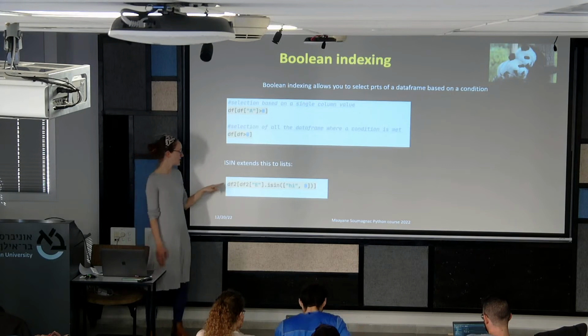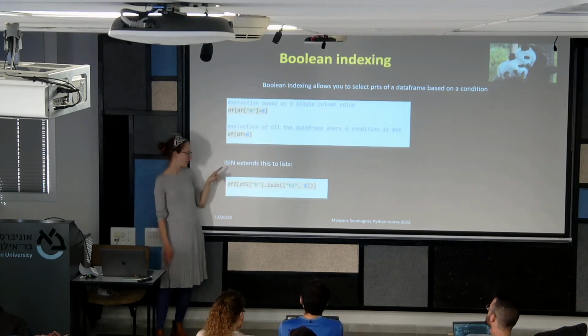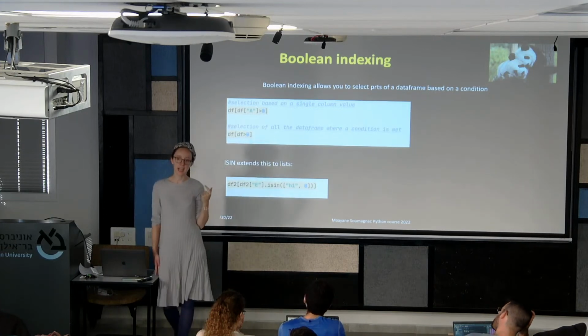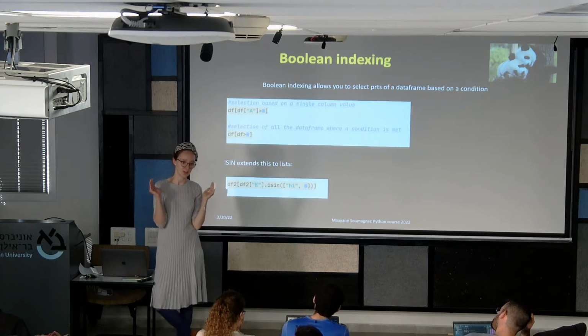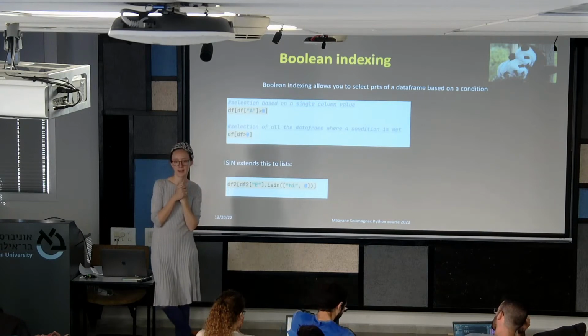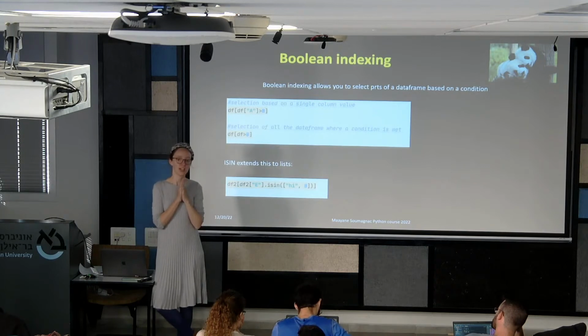And this one is a very useful one too. There is a function called isin, which allows you to select the data based on a list of values. Let's assume that you want to select people of ages either 40, 51, or 60.